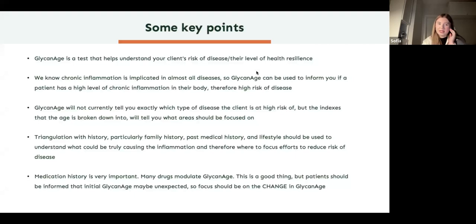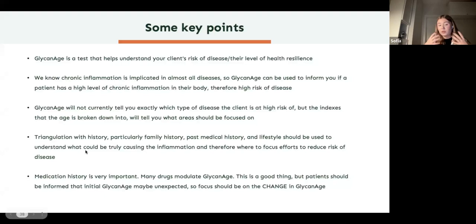And it's important to understand that GlycanAge, although we do have some knowledge on how each index is associated with each disease, we will not be able to tell you exactly which disease your patient has. But as I said, the indexes can be quite helpful in differential diagnosis.